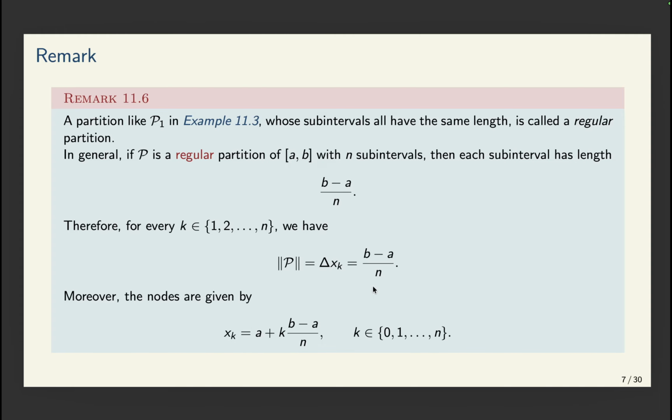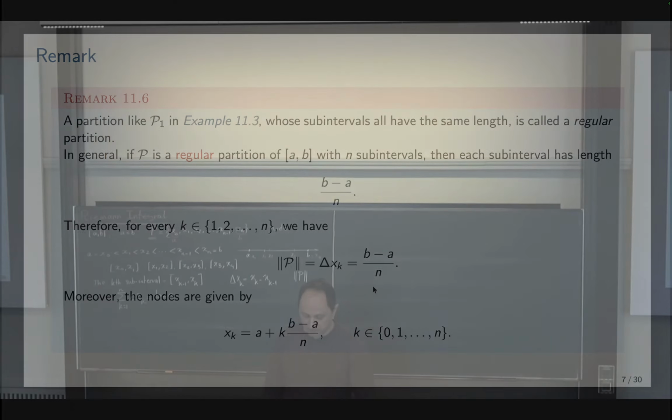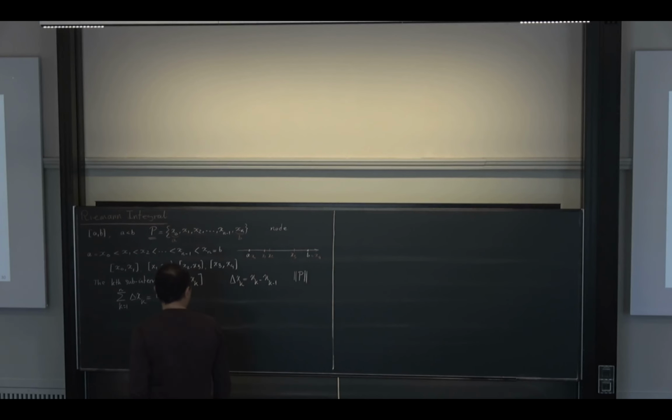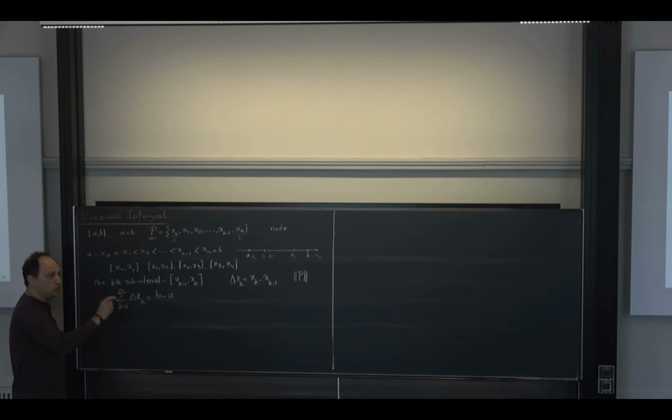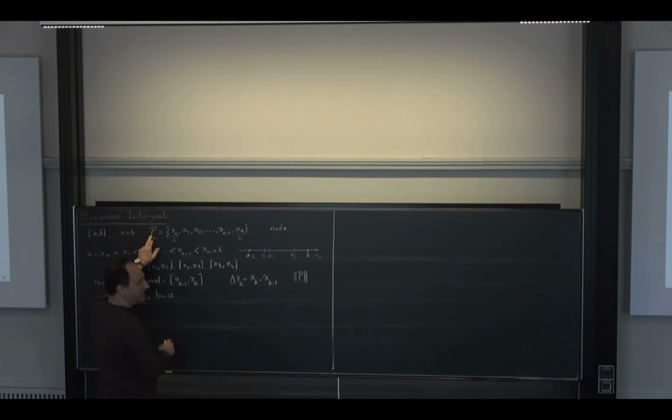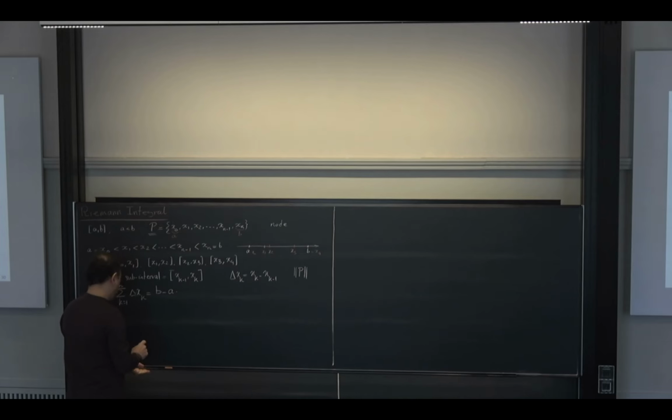One thing it might be good to talk about is the regular partition, because I want to use it more or less. So what is a regular partition? A regular partition is when you chop your interval into equal pieces.